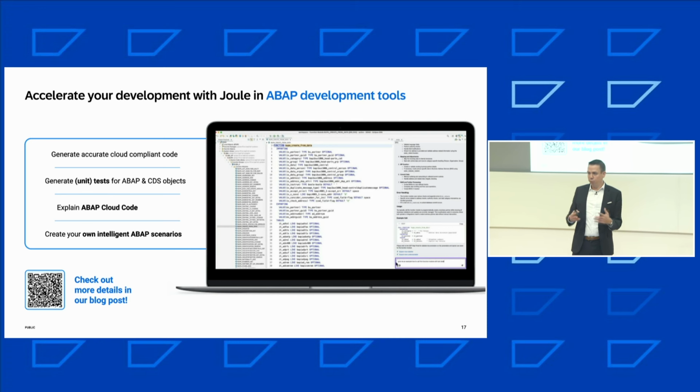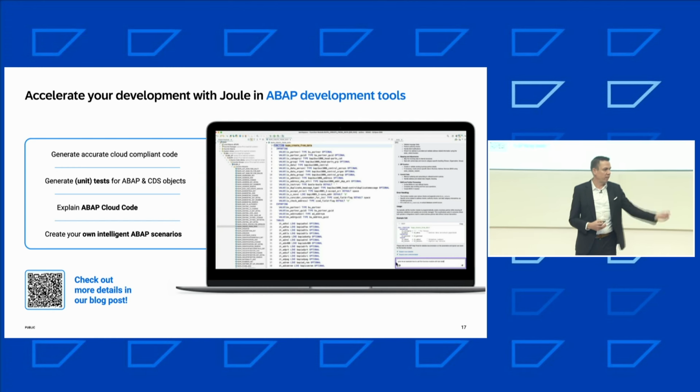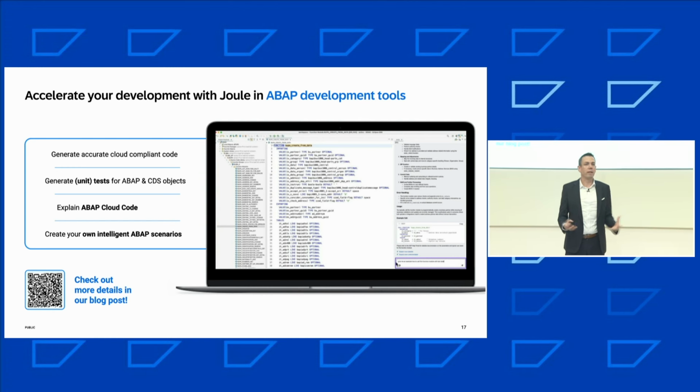As an ABAP developer, for sure, you can read it and you can understand it, but if you want to get a first understanding of what this code is doing, the explain functionality helps a lot to get a first insight into existing code. And finally, we have now baked into ABAP that you can use the generative AI hub right from the ABAP code and access it. So if you want to build an intelligent ABAP application, it's now way easier to do it. So I recommend having a read of this blog.